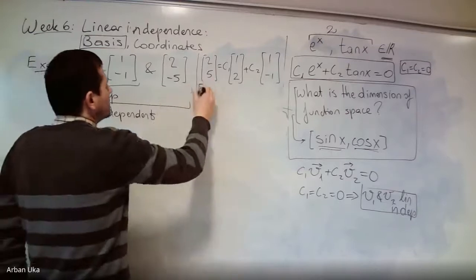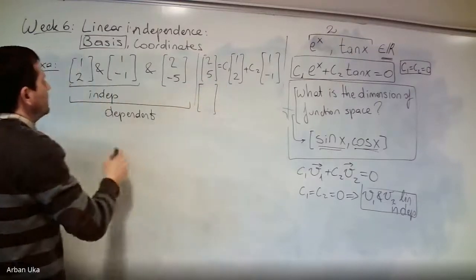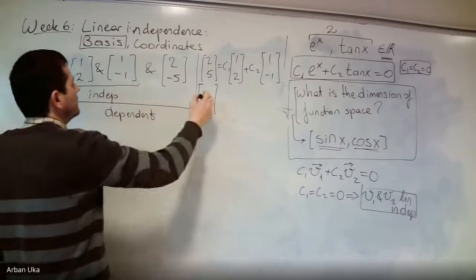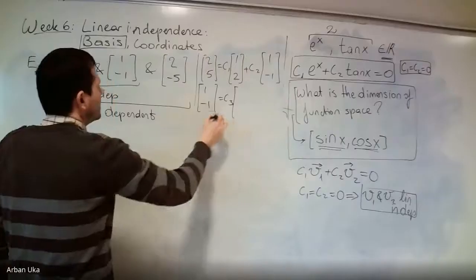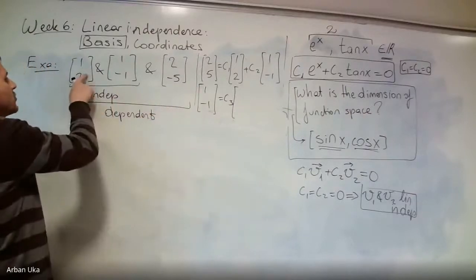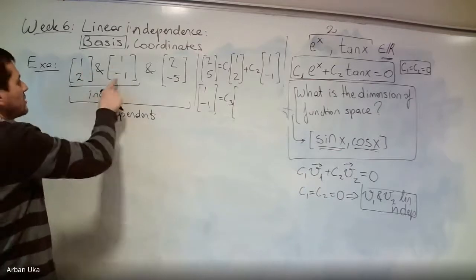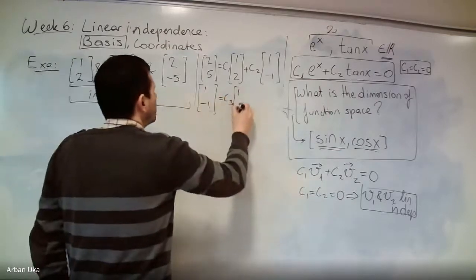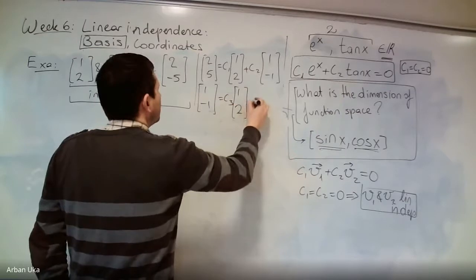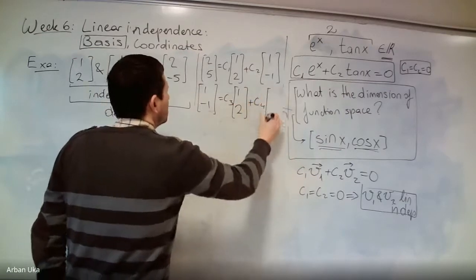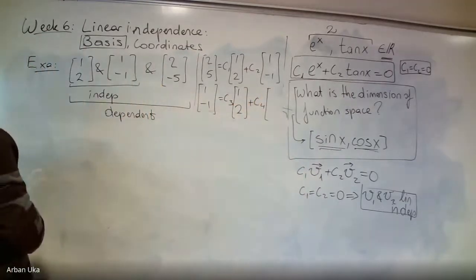Are they linearly dependent or independent? They are linearly independent. And if the first one and the third one are linearly independent, we can write 1, minus 1 as equal to C3 times 1, 2 plus C4 times 2, minus 5.